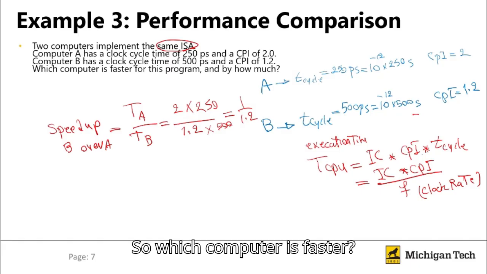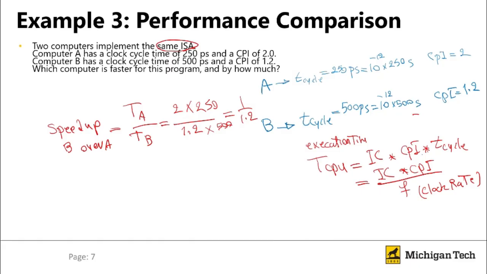So which computer is faster? Yes? Computer B is faster? Any other? So it means computer A is faster. Computer A is faster.